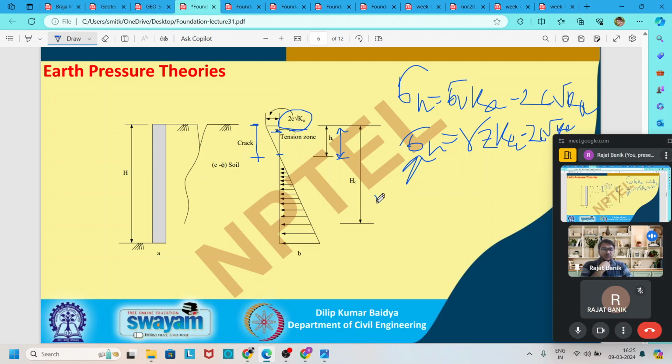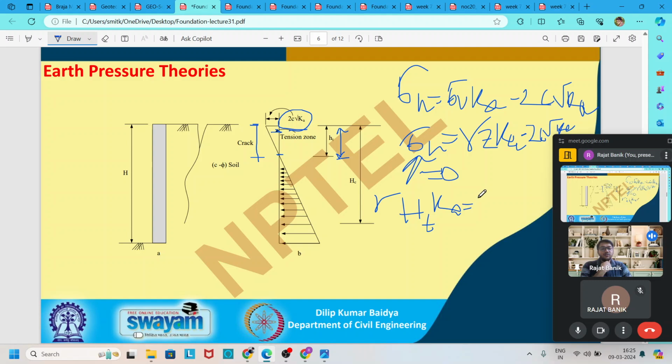If you put sigma h equal to 0, we can easily find the tension crack zone from the surface. So z is replaced by Ht, the depth of tension crack from the surface.